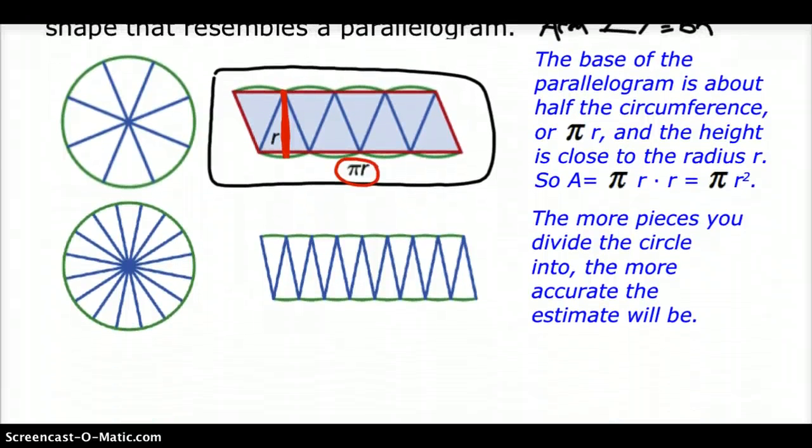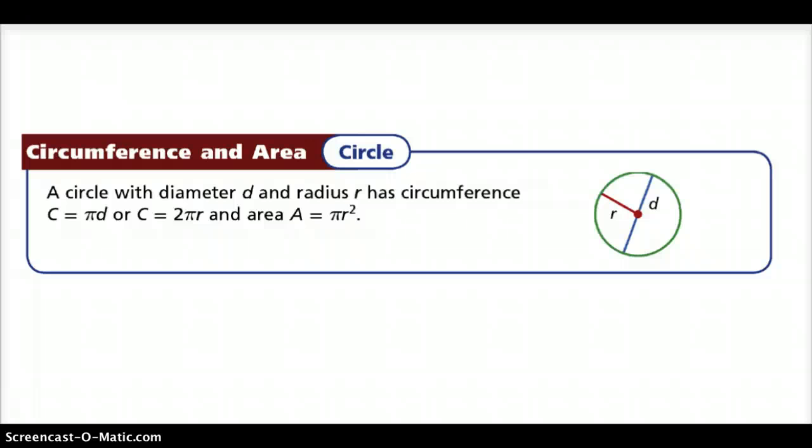Now what they say on this bottom part is actually the more little pieces that we cut this circle up into and arrange them into a parallelogram, the more accurate our estimate of the area of our circle is going to be. So this is something that you can actually try if you really want to cut out a circle, and you cut them in half and arrange the pieces. This is something that we can sort of derive. But we really have to remember these 2 formulas.